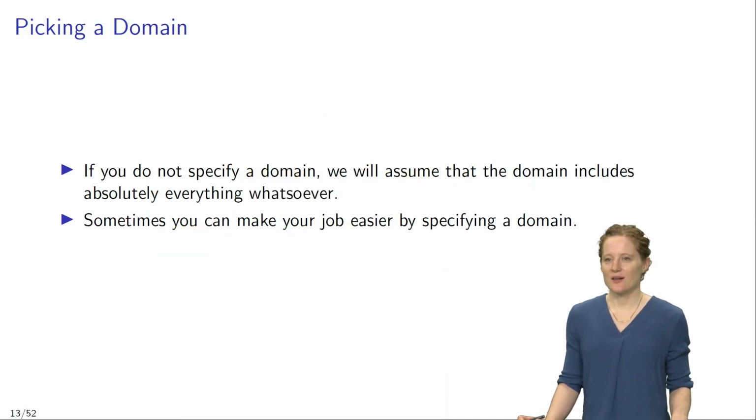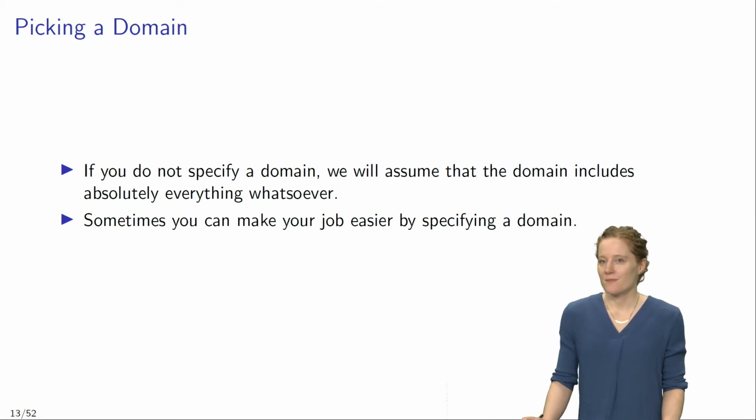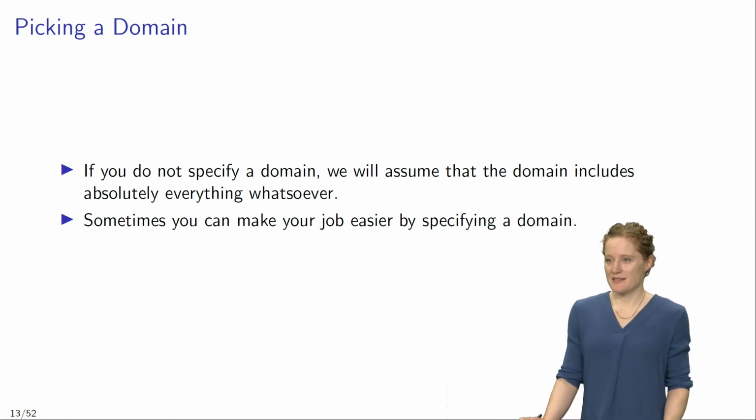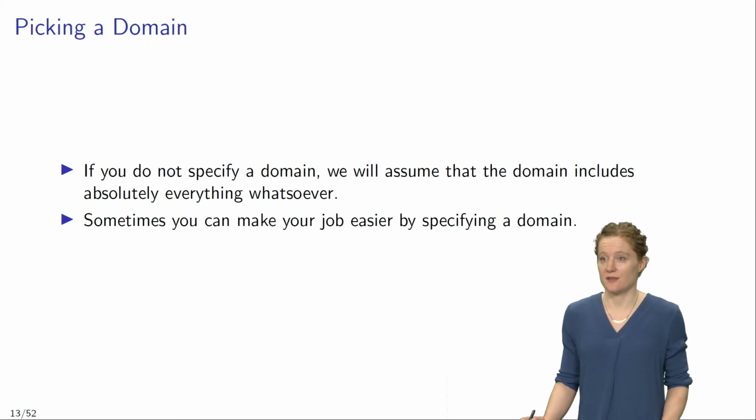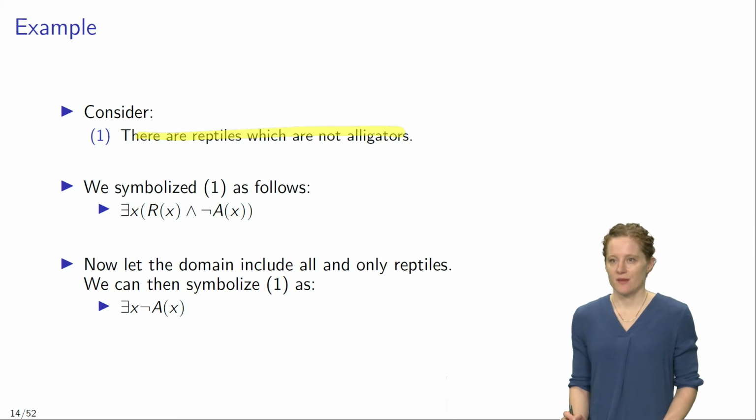Now let's talk about a few caveats and complications. If you do not specify a domain, we will in general assume that the domain includes absolutely everything whatsoever. In some cases, you can, however, make your job easier by specifying a domain. So, for example, we just looked at the sentence, there are reptiles which are not alligators. And we symbolized this sentence like this.